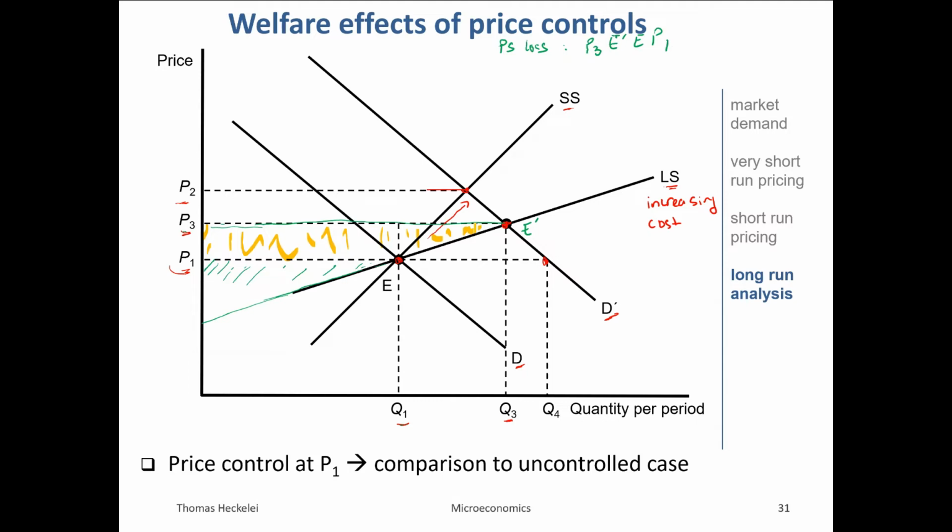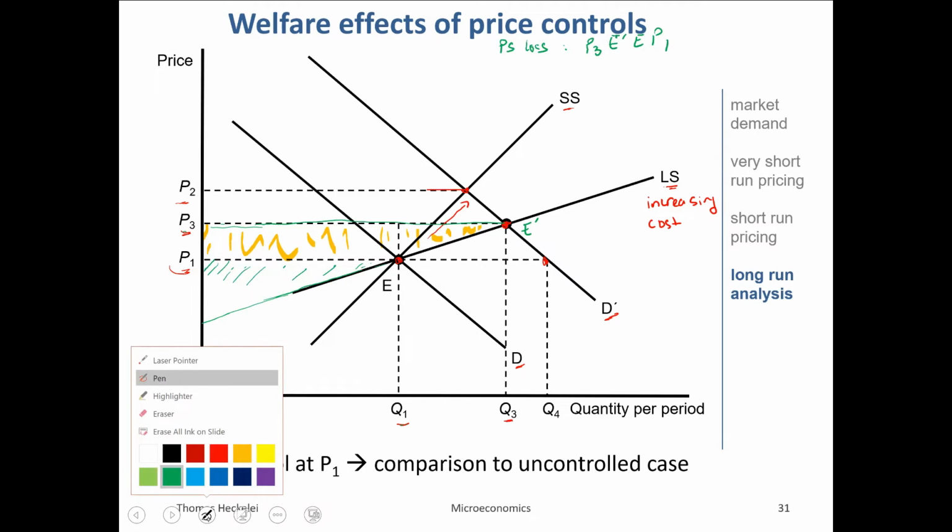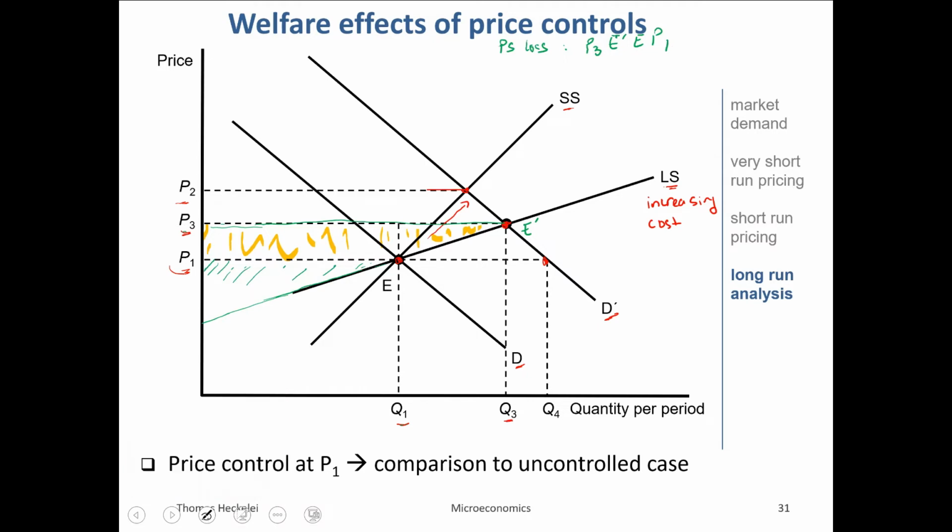Now, let's look at the consumer surplus. Change the pen again, and this color. Okay. So before, if that had been the equilibrium, the consumer surplus is the whole area here, right?